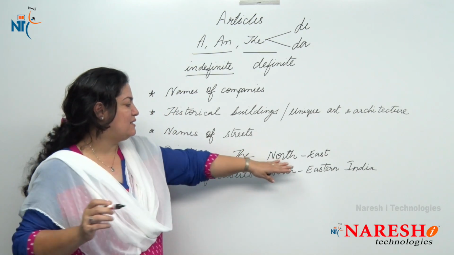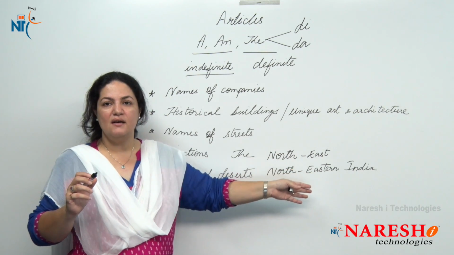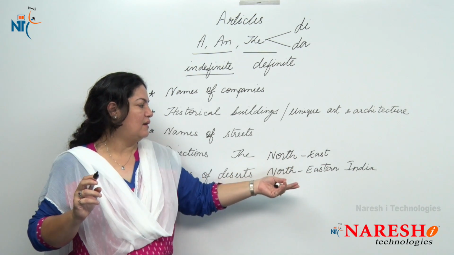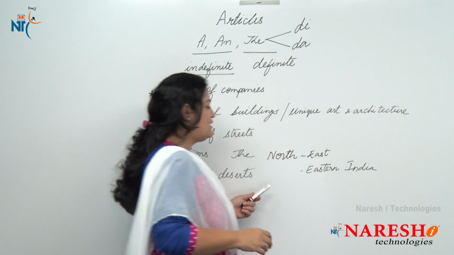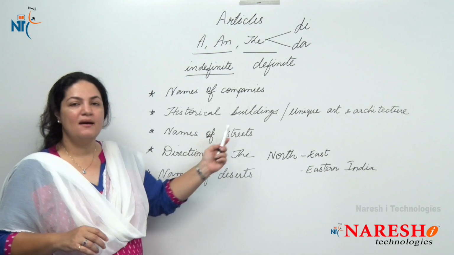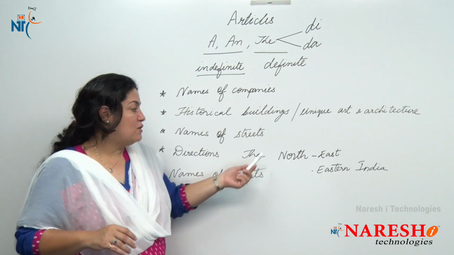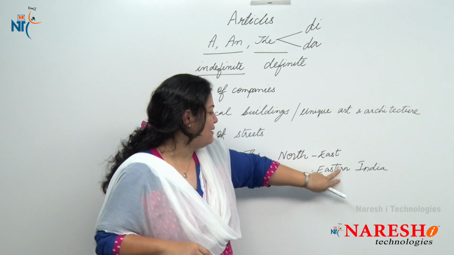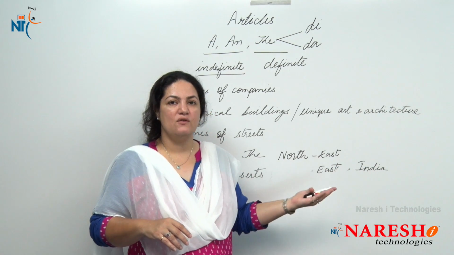So you will say the northeast, or you will say northeastern India and not the northeastern India. The same rule applies if I say eastern India. I will not say the eastern India, I will say eastern India without the. If I want to say East India, then at that time I will say the east of India. It usually means the east of India.